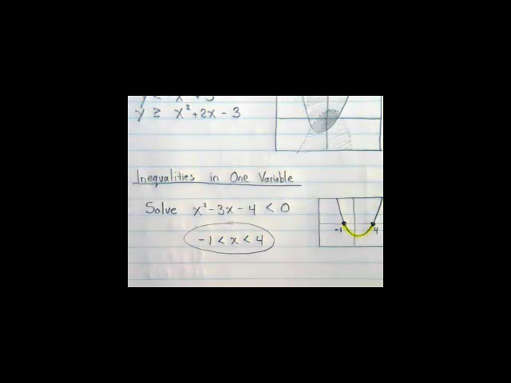I don't want to know where this parabola is less than 0 and equal to it. I just want to know where it is less than. So -1 and 4, are those points less than 0? No, they're equal to 0, right? So I don't want to include those because I'm not concerned with where it's equal to 0. I'm just concerned with where it's less than 0. So I don't want to include those 2 points.